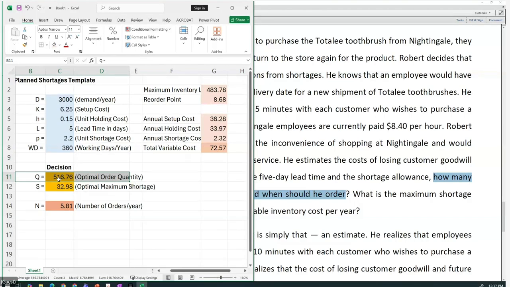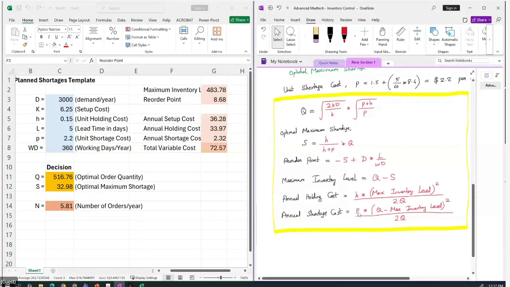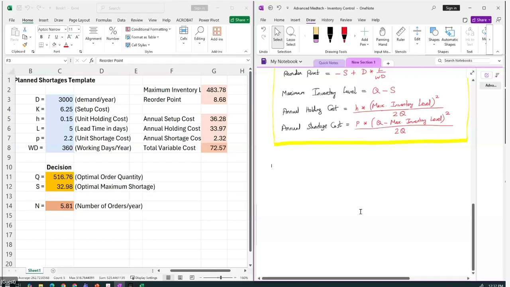So how much should he order? What are the things that I have to look at? I have to look at Q. I have to look at reorder point, right? So let me write here. Robert should order 517 brushes. When should he order?